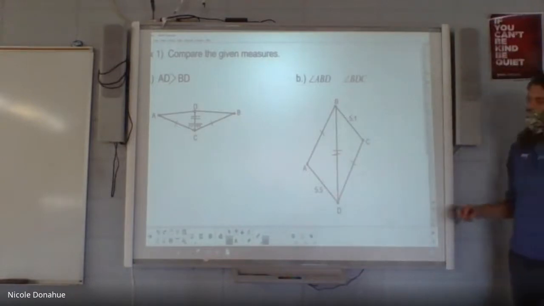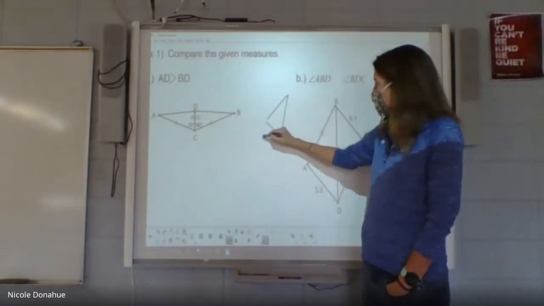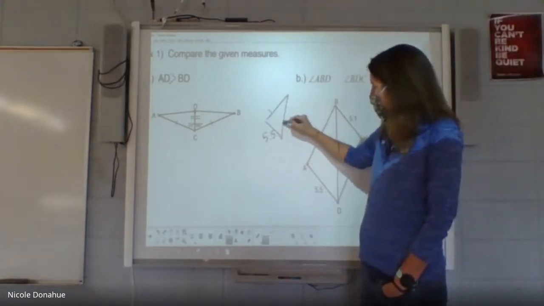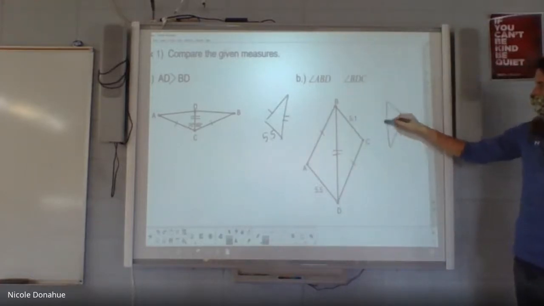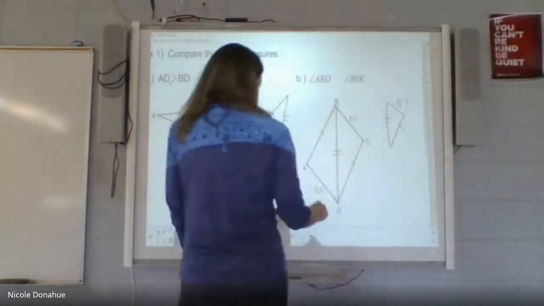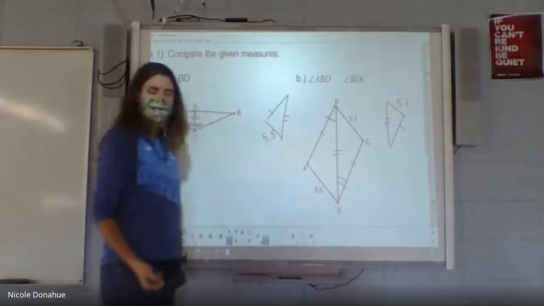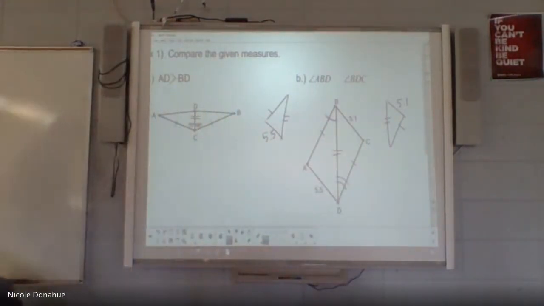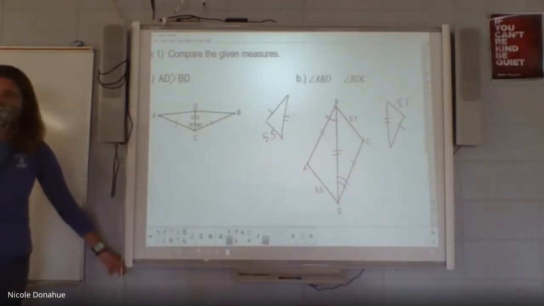So the angle we're talking about here, and if it helps to draw these separately, here's 5.5, we have this and this, and then going this way, we have 5.1. So what do I know about this angle up here compared to this one down here? What do I know about angle B compared to angle D?